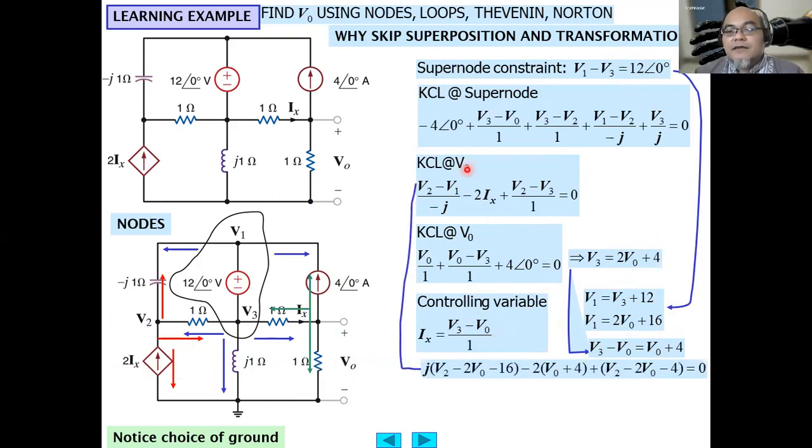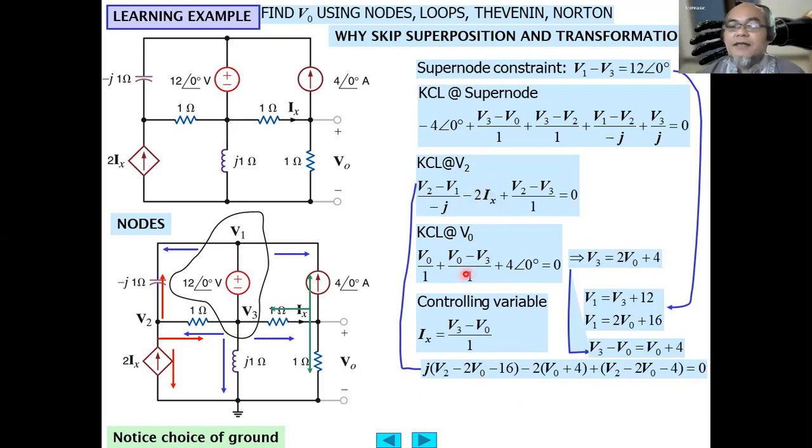From KCL at V2, we substitute V1 with 2V out plus 16. So here becomes V2 minus 2V out minus 16, times J, because this is multiplied by J divided by J. So that becomes J, because J in the denominator, J multiplied by J equals minus 1, and minus 1 multiplied by minus equals plus. So this becomes J times V2 minus 2V out minus 16.